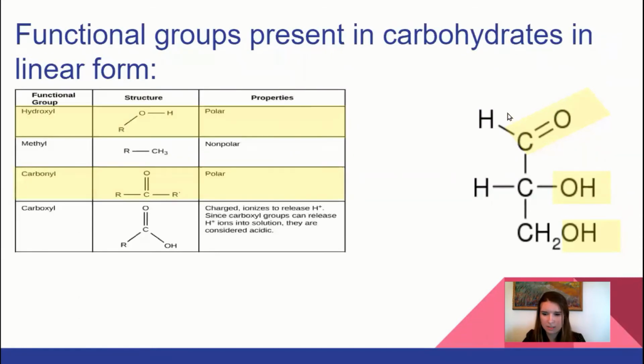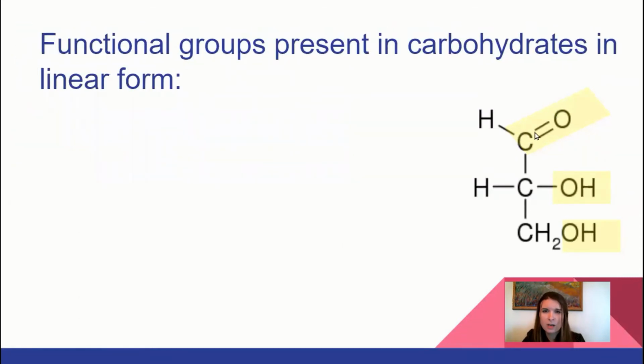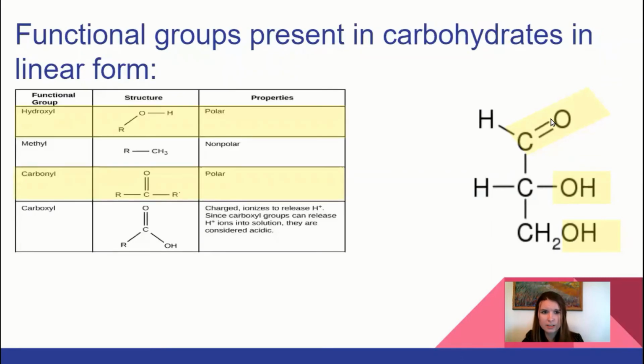Remember that oxygen is highly electronegative, so it's going to carry a slight negative charge on it as it attracts extra electrons. Okay, so the functional groups that we're going to hopefully recognize in our carbohydrates are our hydroxyl groups. Now this will be the most common. So we'll see a lot of single bonds to hydrogen, but we're also going to see a lot of single bonds from a carbon to this oxygen-hydrogen combination, our hydroxyl group.